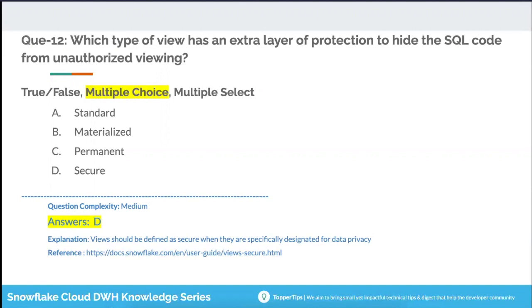So UDFs are also secure, as well as views are also secure. Whenever it is a secure view or secure UDF, you cannot see the underlying code.